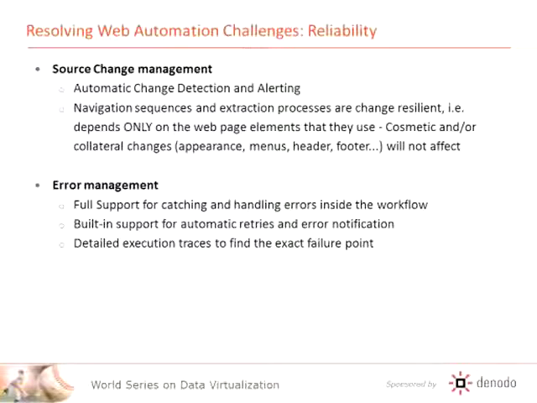Furthermore, we should note that often data accessed using web services like partner data does not change arbitrarily. Enough notice is given so that the web automation process can be adjusted. So the issue of source change applies more to data accessed from third-party websites.